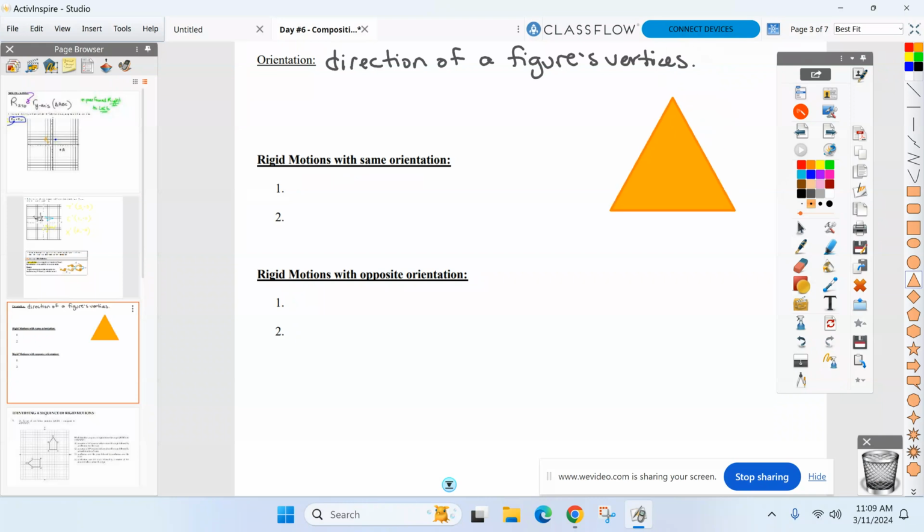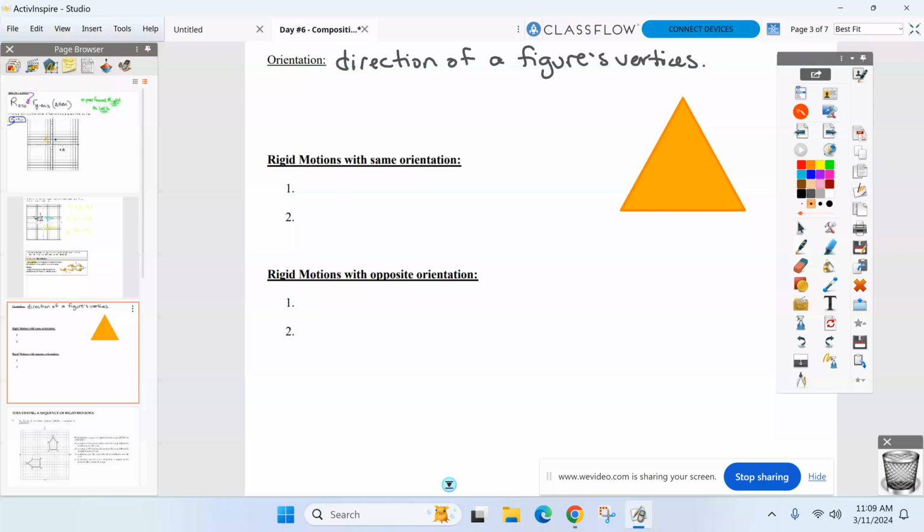Take my triangle. Let's label it A here, vertice B up here, and C here. Here's what I mean by orientation again. I go from A to B, B to C, C back to A. What direction am I going?